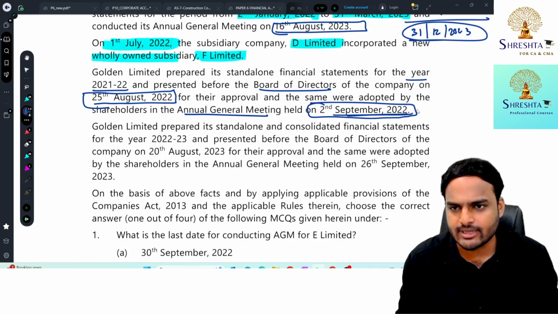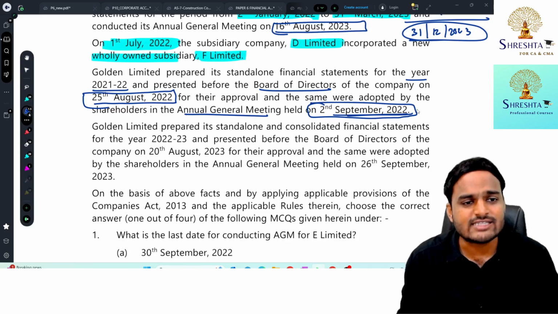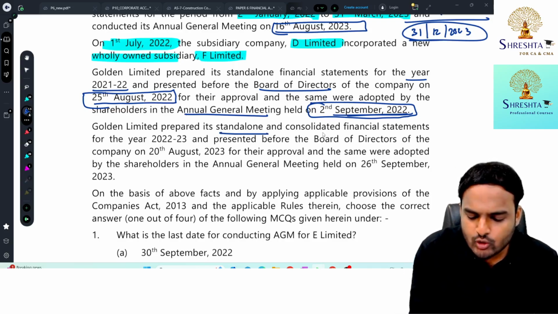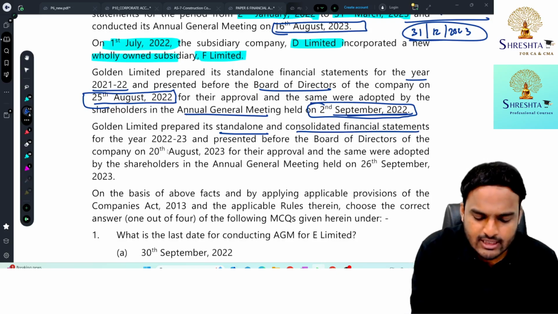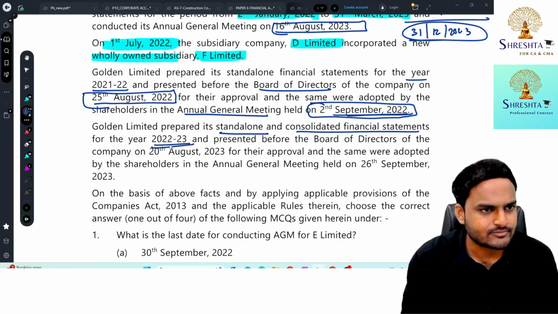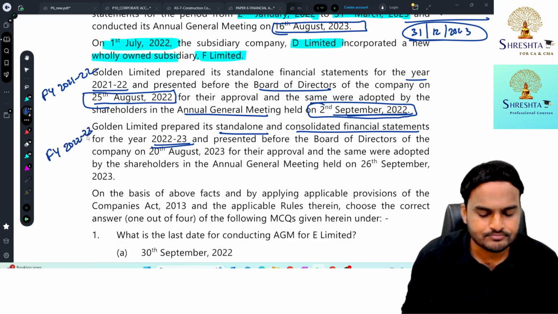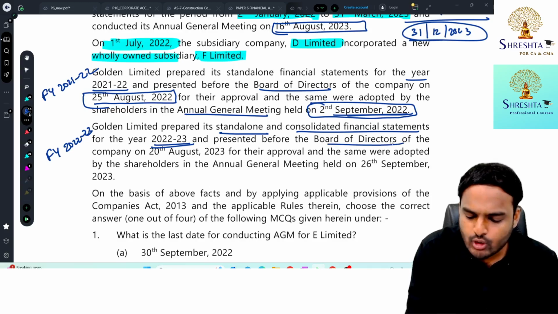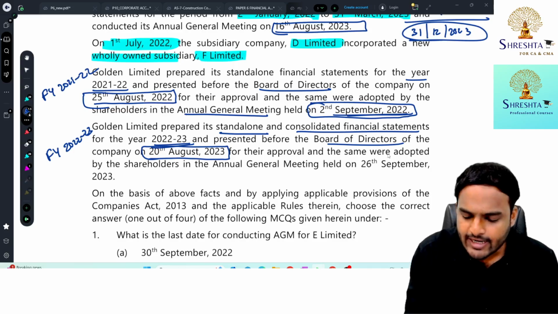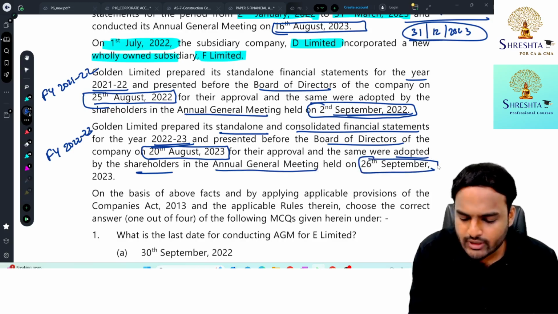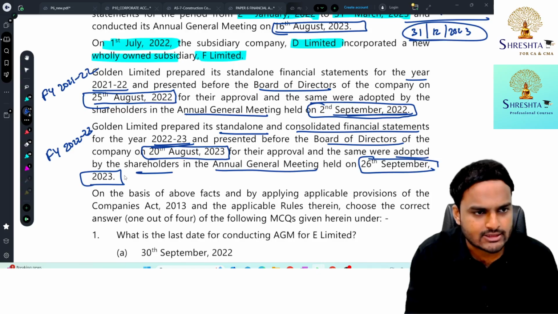Golden Limited prepared its standalone and consolidated financial statements for the year 2022-23 and presented them before the Board of Directors on 20th August 2023 for their approval, and the same were adopted by the shareholders in the annual general meeting held on 26th September 2023.